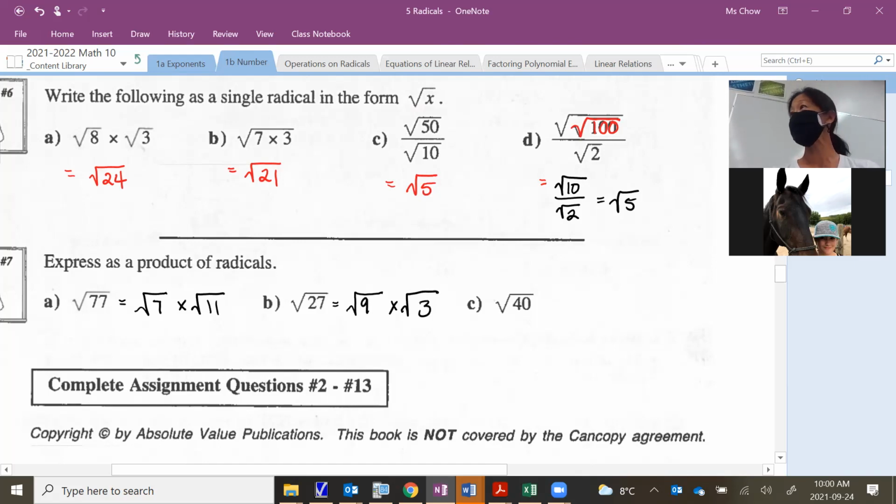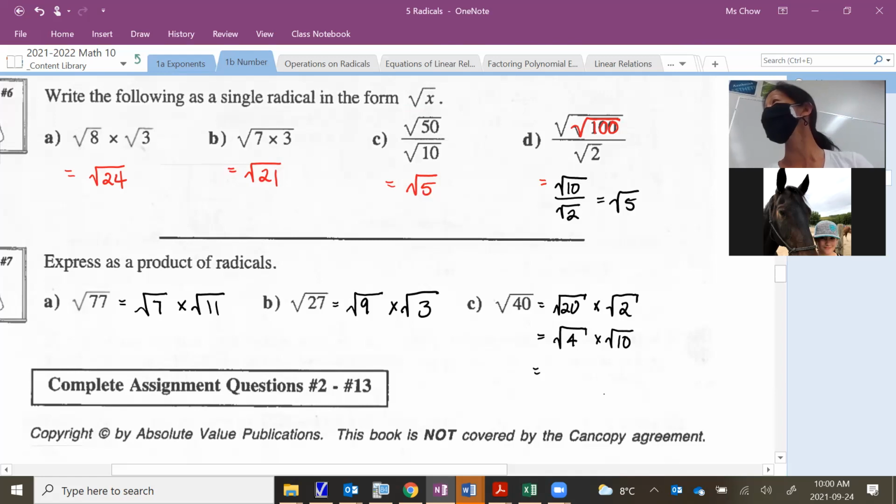Root 40. We've got a bunch of different possibilities. What could you do for that, Bryce? Root 20 times root 2. Or what else could we do? What's another option, Leo? Root 4 times root 10. Okay. What's another option, Dominic?